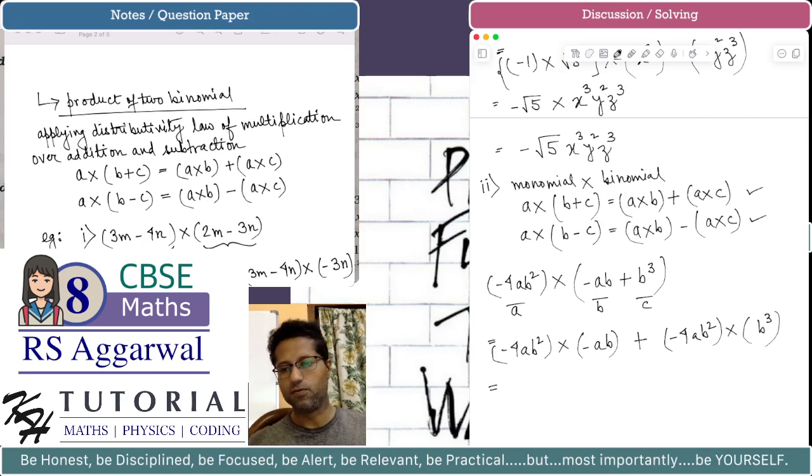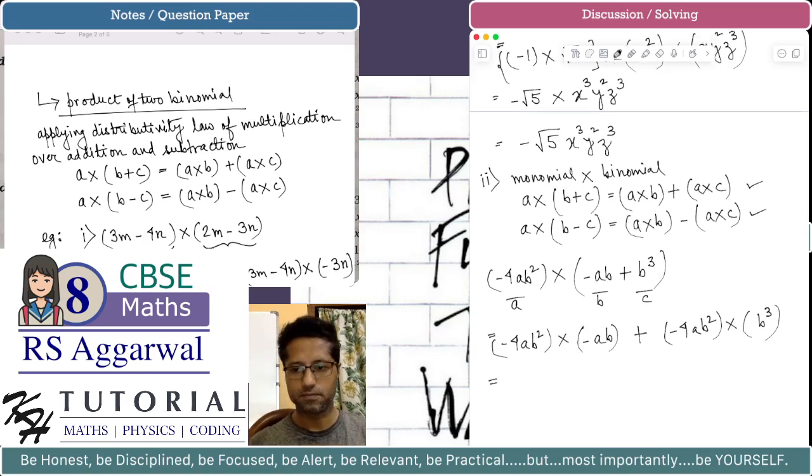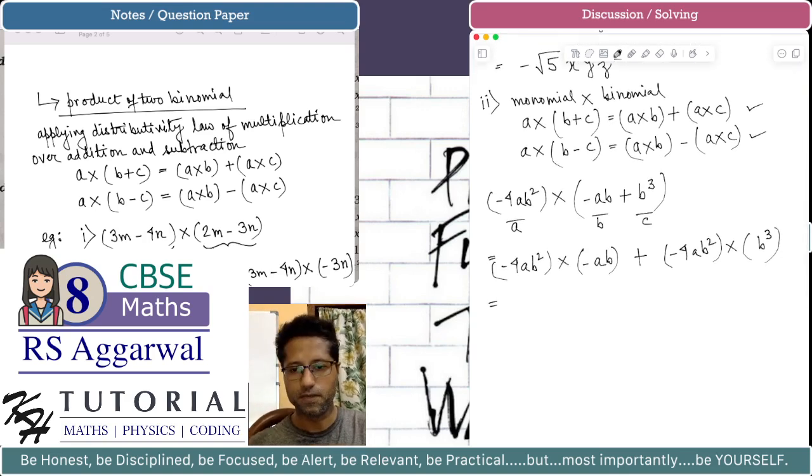Now we have to find the product of two monomials. So minus 4ab square multiplied by minus ab will be, we first multiply the coefficients of the two monomials, so minus 4 multiplied by minus 1, and then we multiply the literal coefficients, that is ab square multiplied by ab.